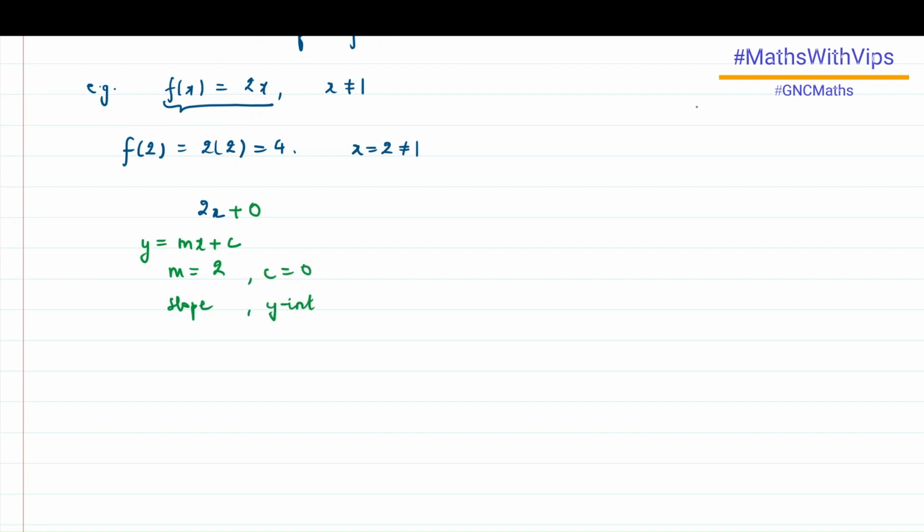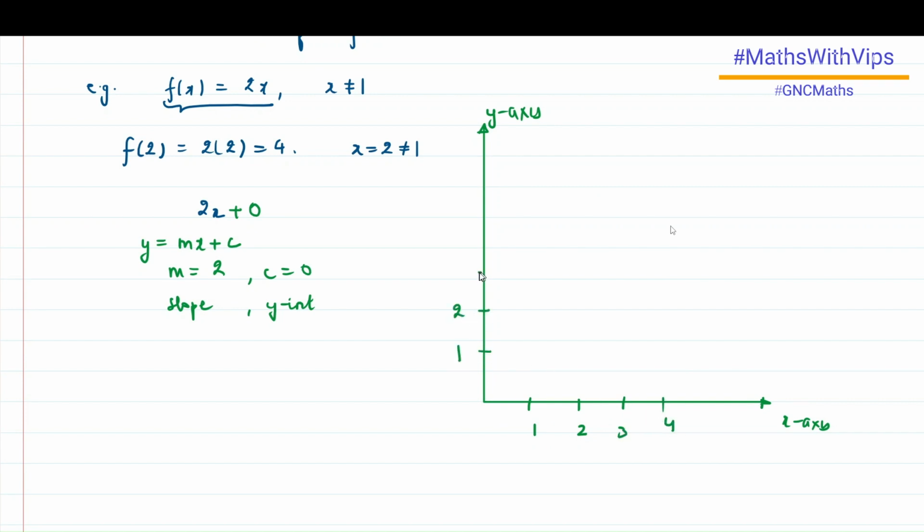The graph of this function would look like this. If this is the x-axis and the y-axis, let us mark some points for reference. x equal to 1, 2, 3, 4 and so on, y equal to 1, 2, 3, 4 and so on, and not to forget our origin.